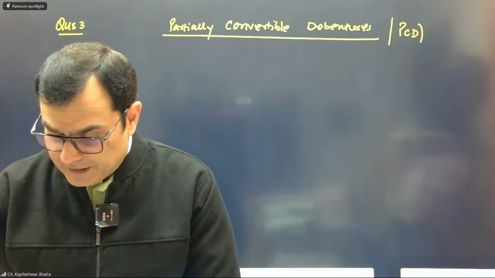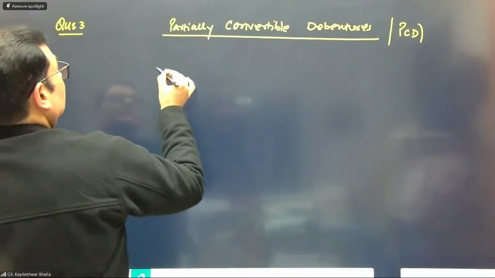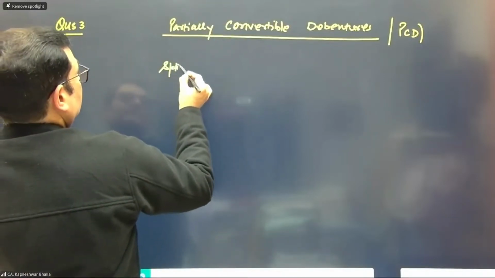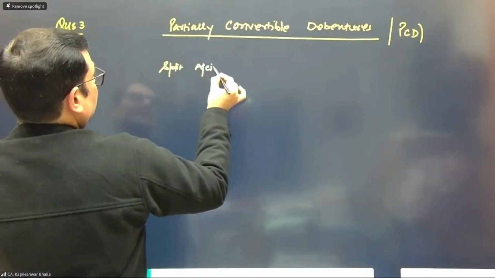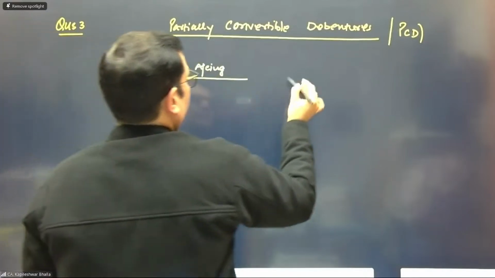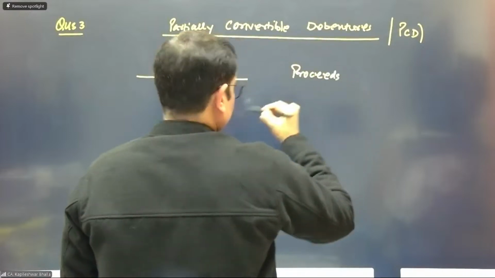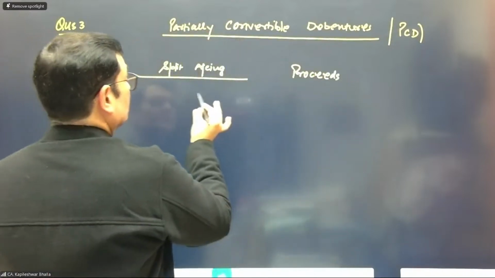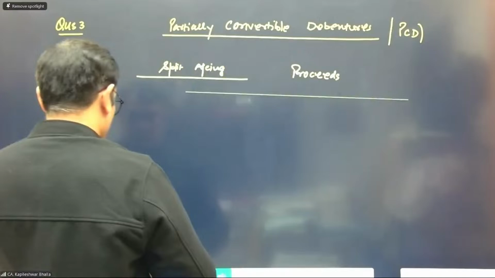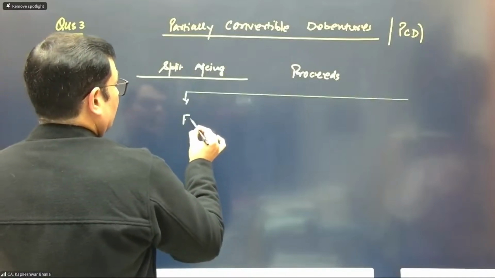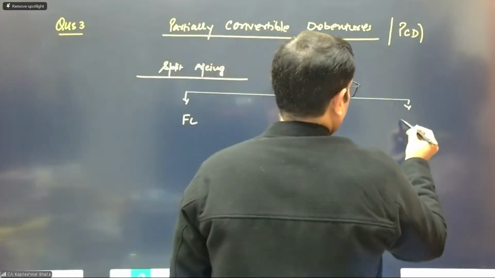In terms of the split accounting, let's see what the proceeds are, and then the proceeds will be segregated in terms of financial liability and in terms of equity. And guess what is going to be the FL and the equity component?